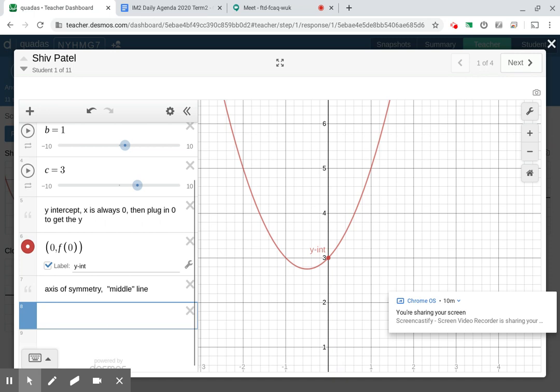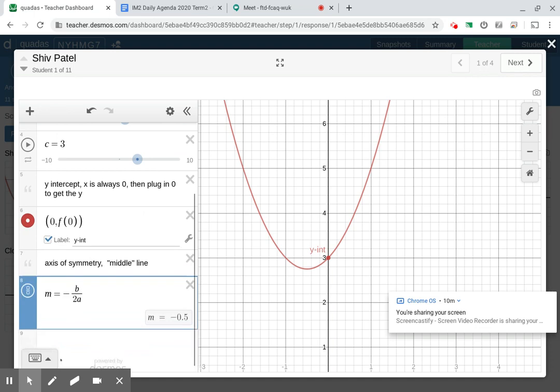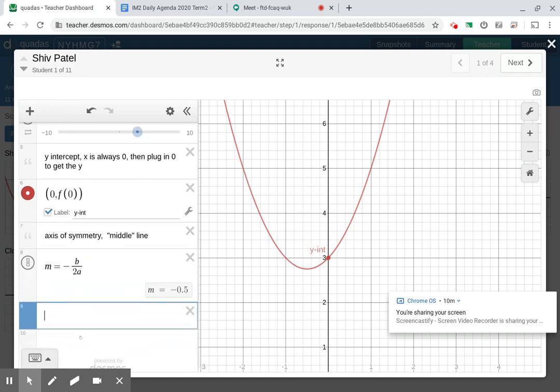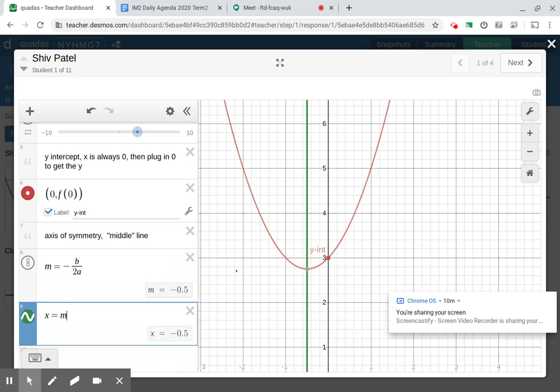So what we're going to do is make a new variable called m equals negative b over 2a, and m is going to give us the middle. And then underneath that, we're going to make a line that is x equals m, and it'll make a vertical line right at the middle.